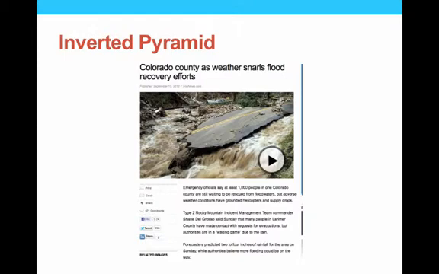Okay, so that's a good summary lead. Tells you what's happening, gives you a sense of where. So it's in Colorado, obviously. And it gives you enough details that if you're at all interested in weather stories or Colorado or your fellow man, you might be prompted to read on.